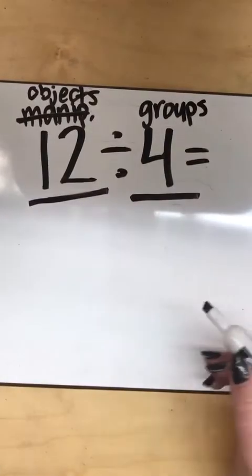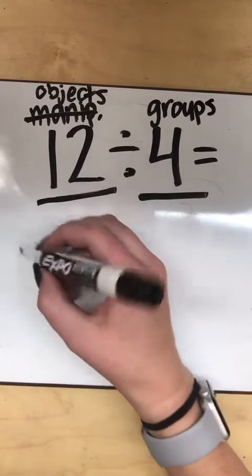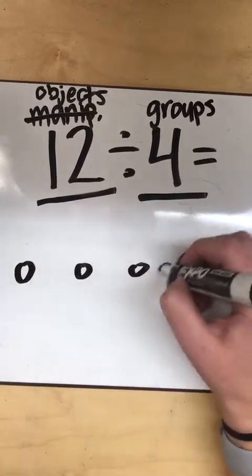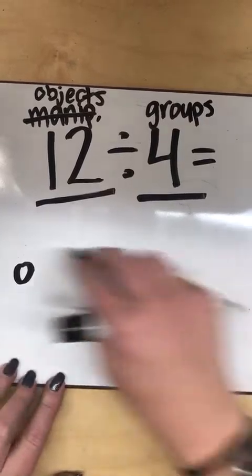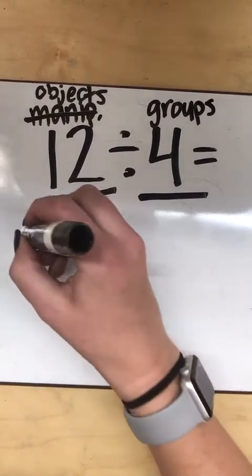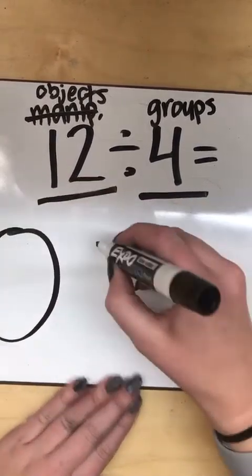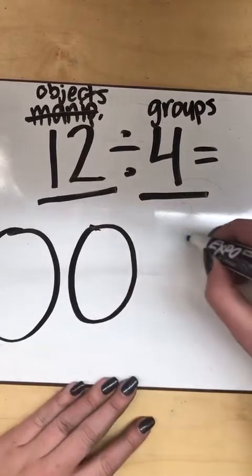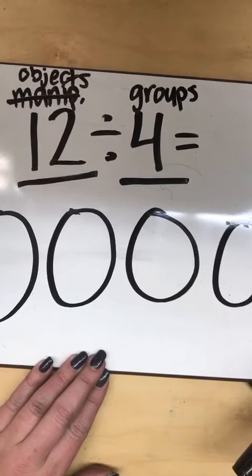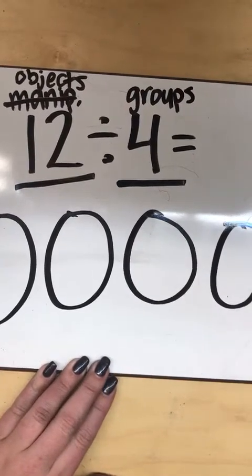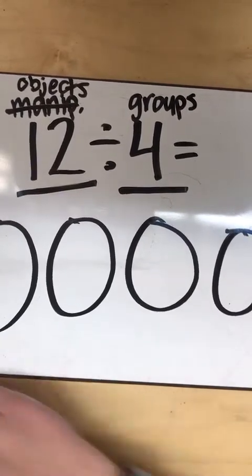So you're gonna start with your 4 groups. I have students that like to draw these 4 groups, but you can't even fit one little chip in there. So I like to get them to make bigger groups. I know this is going off the board a little bit, but do the best you can.